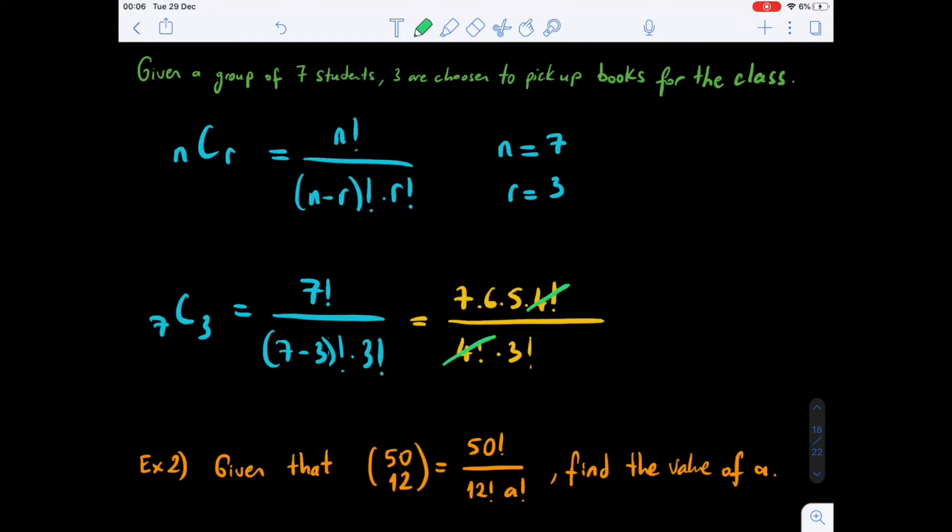But you're going to have here 7 times 6 times 5 over 3 factorial. Let's write it out: 3 times 2 times 1. Finally, 3 times 2 cancels 6, and you're going to have 35. So there are 35 ways of choosing 3 students.